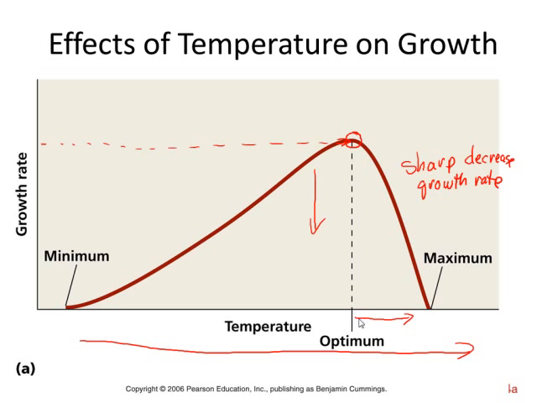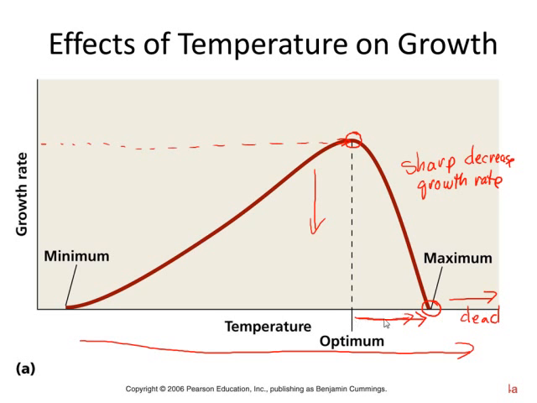It doesn't take much deviation higher than optimal till we reach what we call the maximum temperature that supports growth. This maximum temperature that supports growth is essentially the temperature at which we reach the bottom of the growth rate. Anything over maximum, the cells are dead.